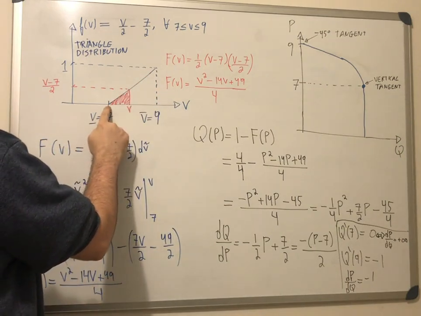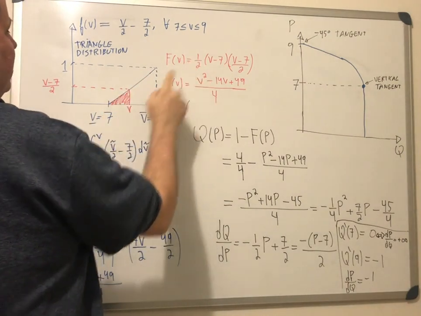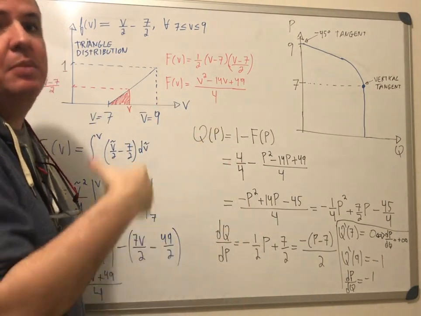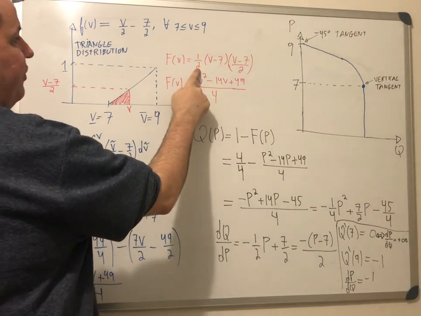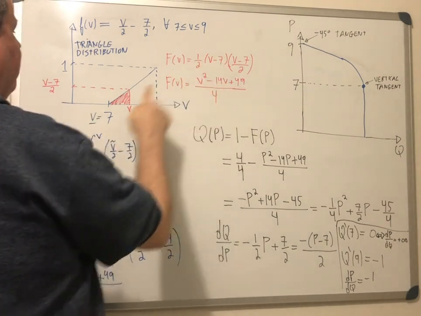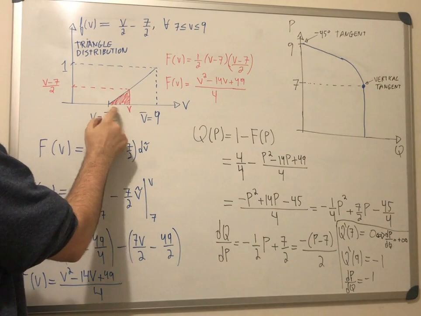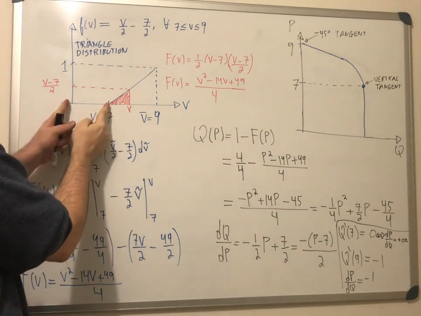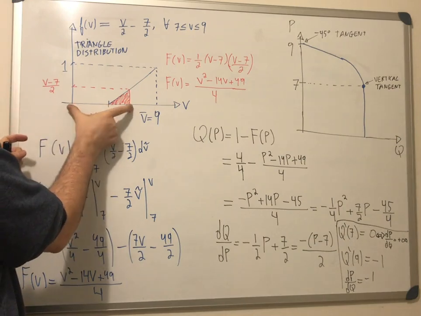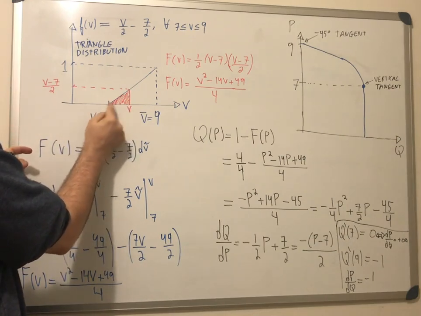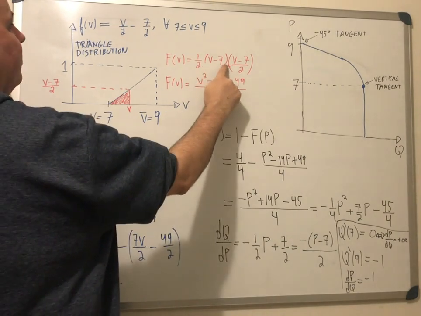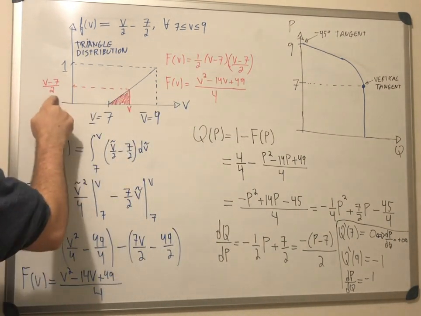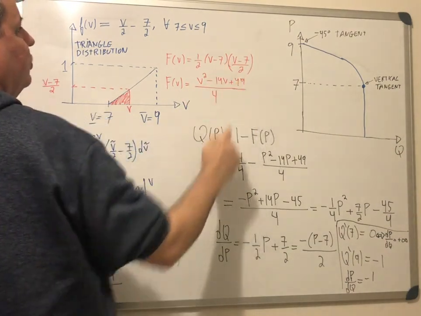The area of a triangle is 1/2 times the base times the height. The base is v minus 7, the entire distance v minus 7, and the height of the triangle is v minus 7 over 2.